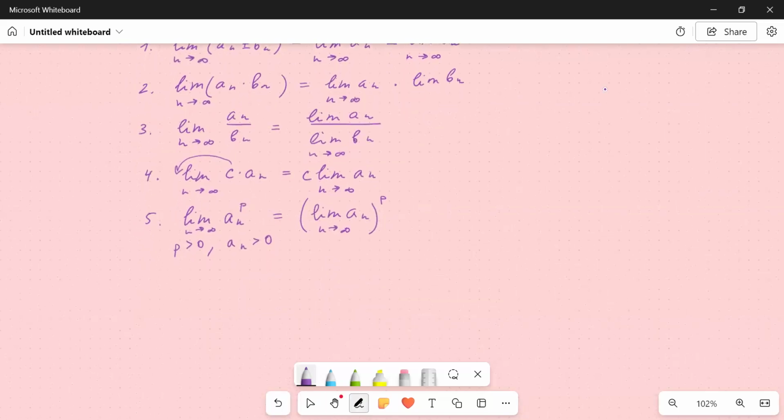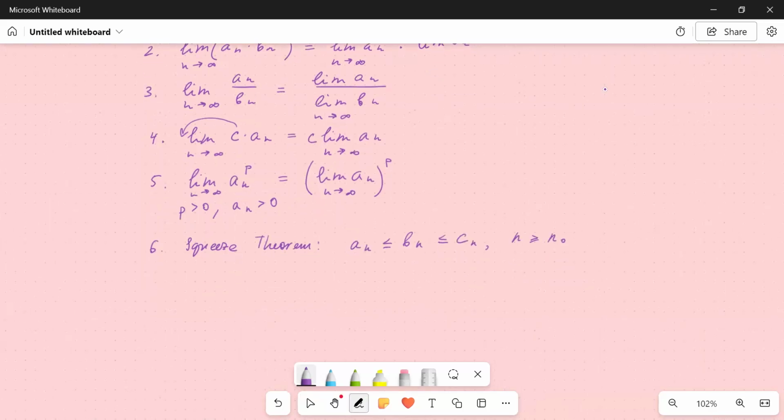And number 6, I'm almost done with theorems. Number 6 is going to be the squeeze theorem. Squeeze theorem is going to deal with a set of 3 sequences: sequence an, which is less than sequence bn, which is less than sequence cn. And it's not necessary that they work for all numbers n, just starting with a certain number n, this inequality is true.